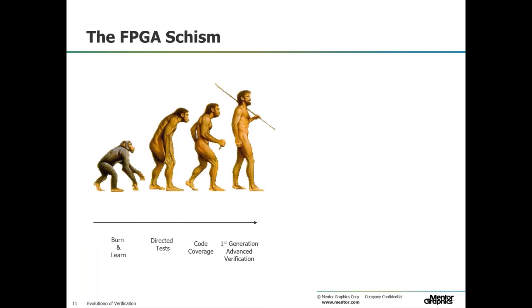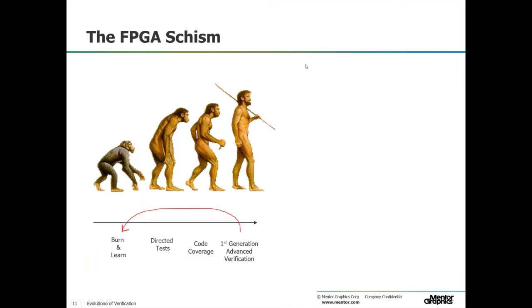But a funny thing happened: a lot of engineering managers looked at these and said, hey, these are reprogrammable devices. Why do we need to do all this testing on them? We can get stuff in the lab really quickly. And so they abandoned a lot of verification methodologies for FPGAs because they thought, we can just go back and put it in the lab.